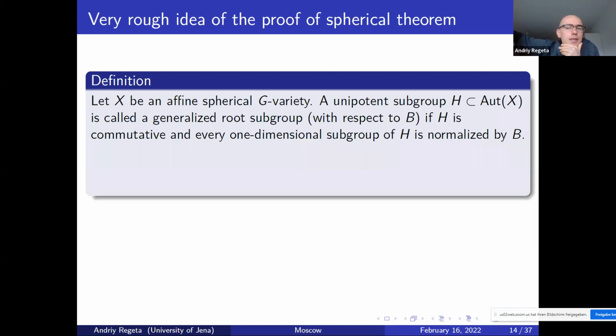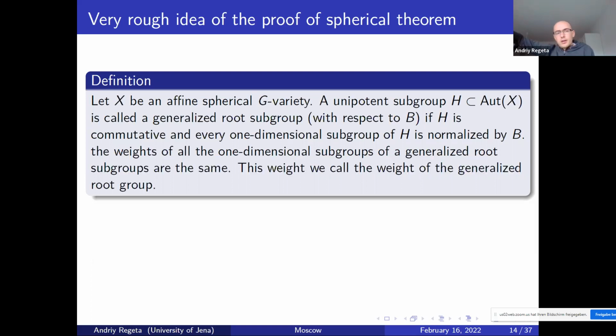An important subgroup H in Aut X is called a generalized root subgroup with respect to a Borel subgroup B if H is commutative and every one-dimensional subgroup of H is normalized by B. So the weights of all the one-dimensional subgroups of a generalized root subgroup are the same, and this weight we call the weight of the generalized root subgroup. This is just a generalization of the standard notion of a root subgroup, or if you like, the Demazure root.